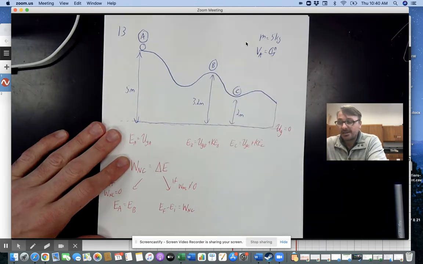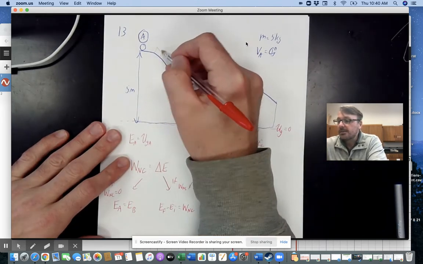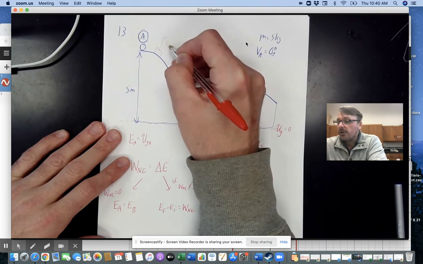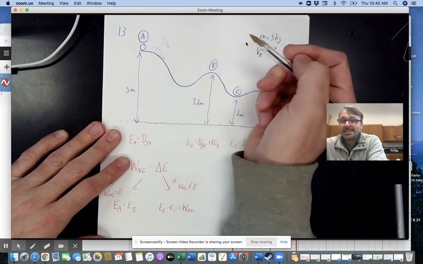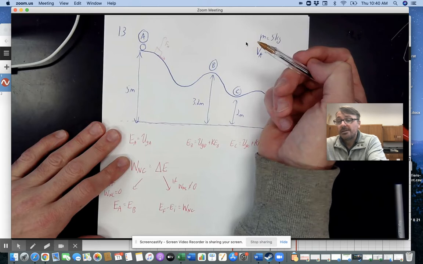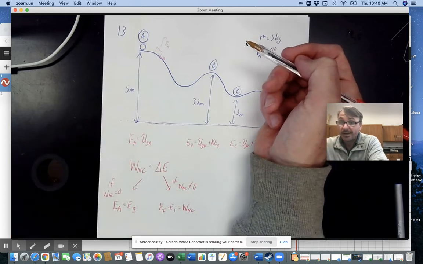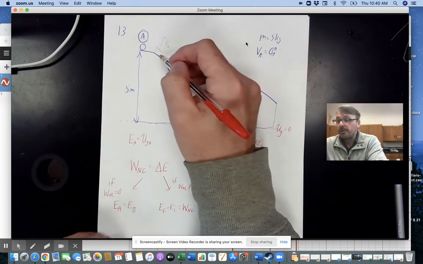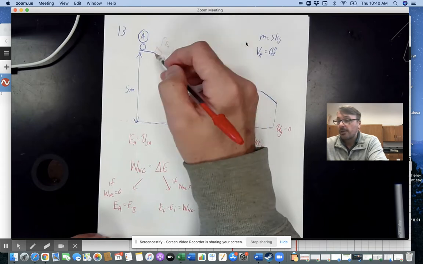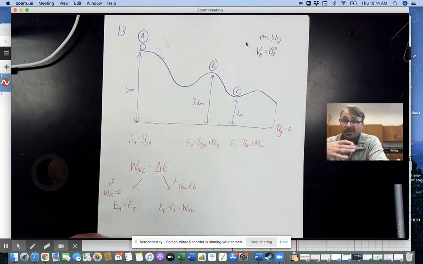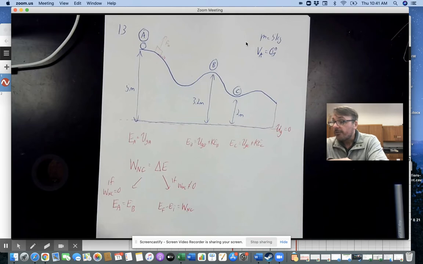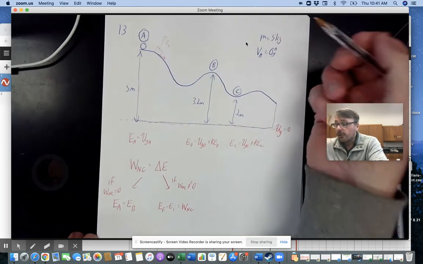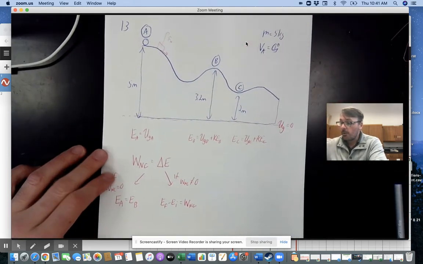It exists, but it's not doing work because, as we discussed, at any given point, the normal force is going to be instantaneously perpendicular to the displacement, the small little displacement vector at that point, because we know the displacement vector is going to be tangent to the path, and the normal force is perpendicular to that tangent. So between A, B, and C, there are no non-conservative forces doing work.